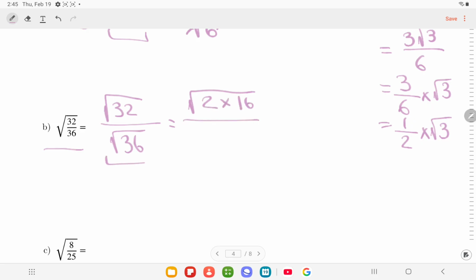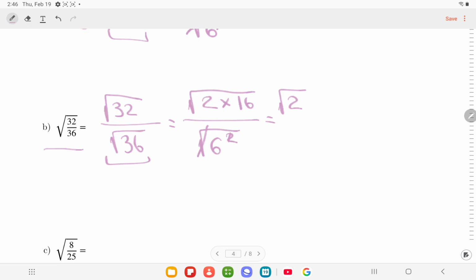And our root 36 is a perfect square, like the previous question. 36 is 6 squared. And so here we can split, let me erase this, here we can split the root into root 2 times root 16 over 6.